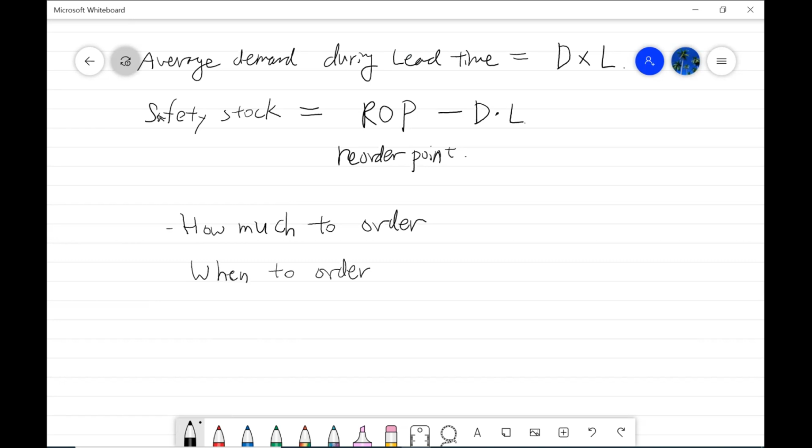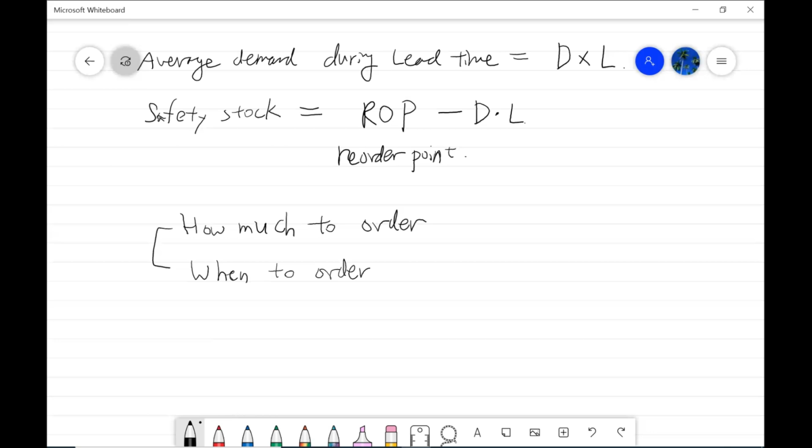So basically, order size and order time are the most important decisions you have to make regarding inventory management. These two decisions are important because depending on how much to order and when to order, the amount of inventory you hold as time goes on could be very different.